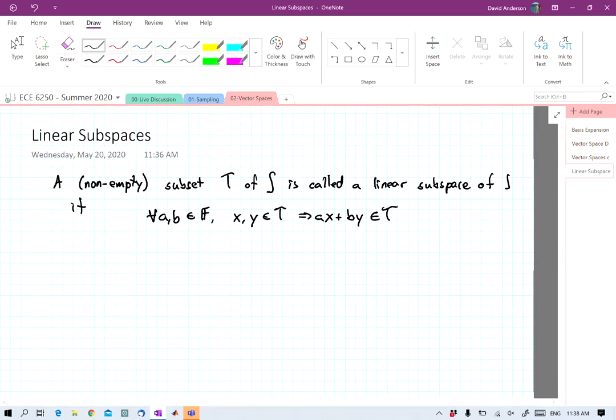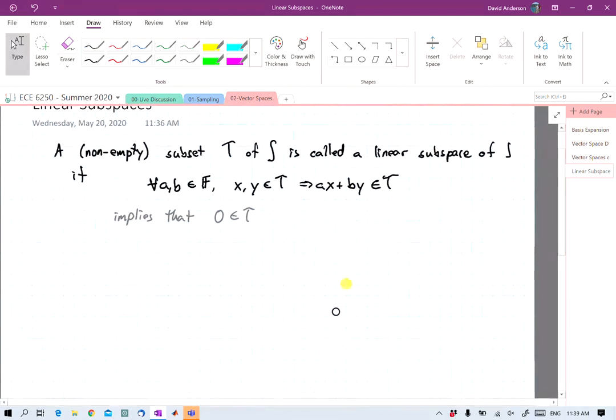So we should note that this implies that we have to have 0, the vector, in T. If you're not sure about that, think about it for a second and convince yourself. If you're still not sure, ask on Piazza, but that's the case.